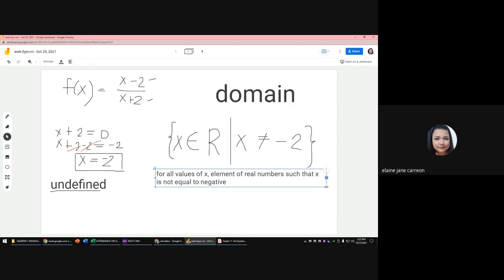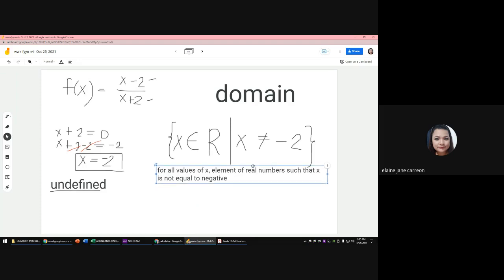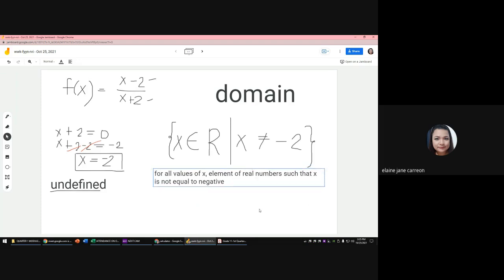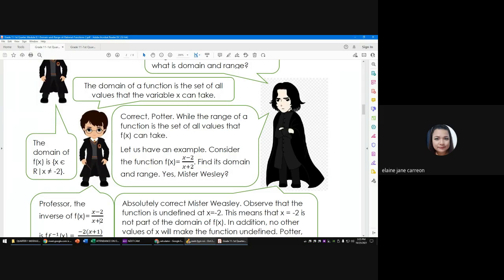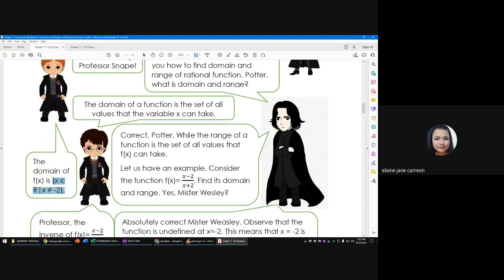So, itong mga simbolong ito, ganyan kahabang basahin yan. So, that is the domain. Ito yung sinabi ni Wesley. Wesley ba yung pangalan nito? Okay, so the domain of f of x is for all values of x, element of R or real number, such that x is not equal to -2.